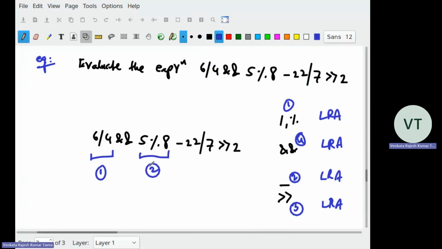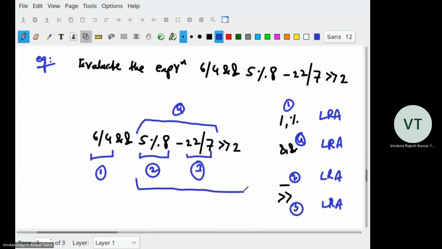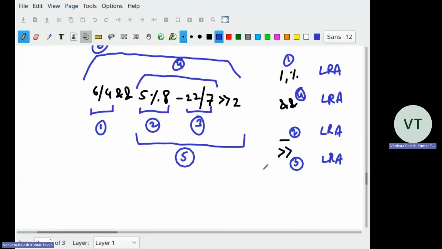Then we perform this, and then division is coming again. Then we perform this. So this level of operators is all covered. Then this binary minus. So this we need to perform. And after this, bitwise right shift, and finally logical AND. Okay, so now let's perform these operations.